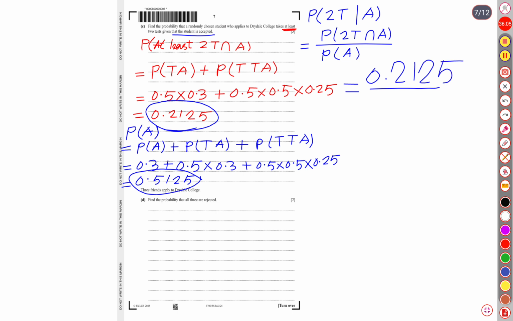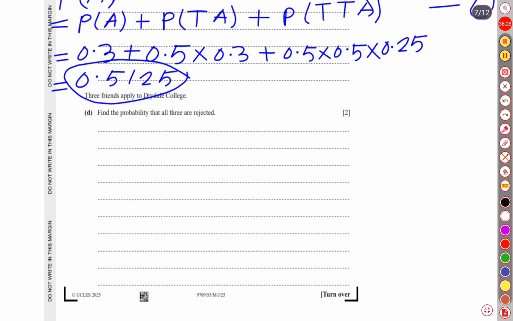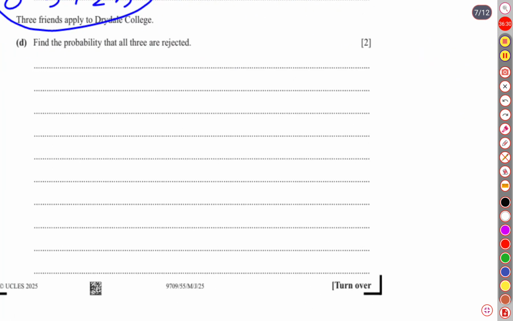Using our calculator we can find the answer to this conditional probability is 0.415.